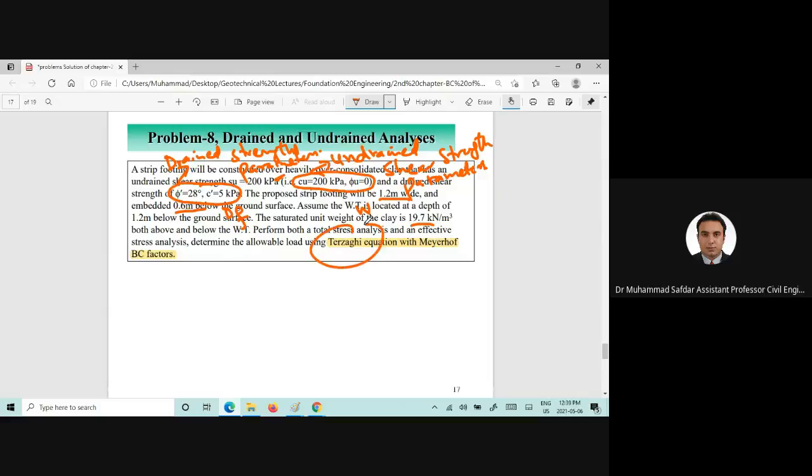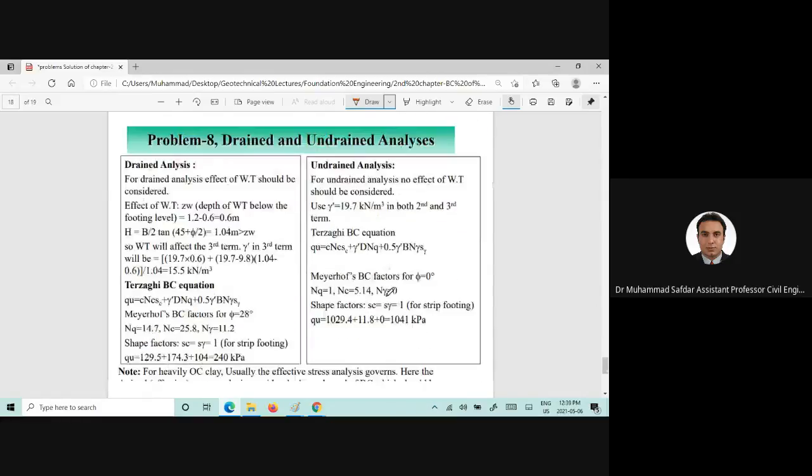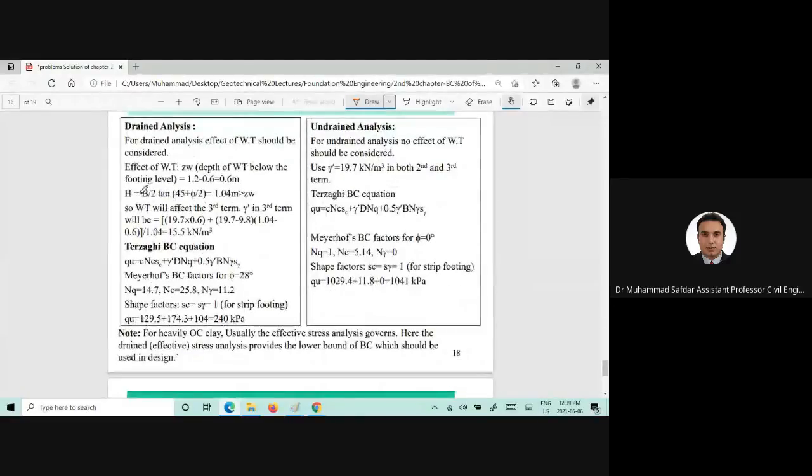Now, again, you need to use the Terzaghi's bearing capacity equation and the Meyerhof bearing capacity factors. The solution is given here. Please kindly go through the solution. It's pretty much self-explanatory. You need to find out the H and the effect of water table, and then you need to use the gamma prime in the third term.